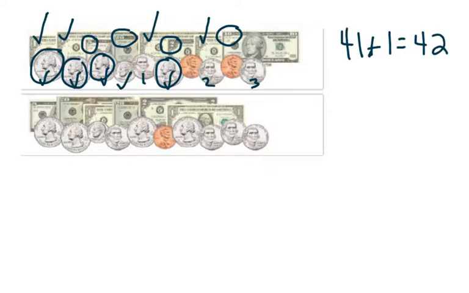So I got to go 10, 15, 20, 25. So I'm up to 25 cents, 26, 27 cents. So it's going to be $42.27. So again, I want to work from largest to smallest when I'm doing this.